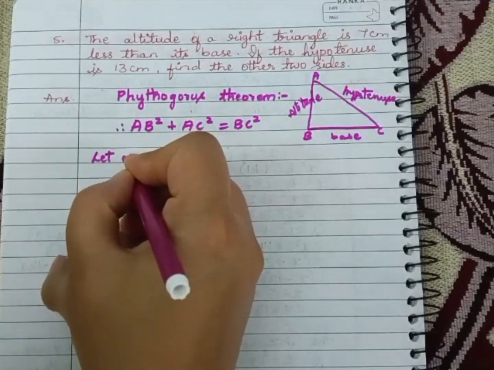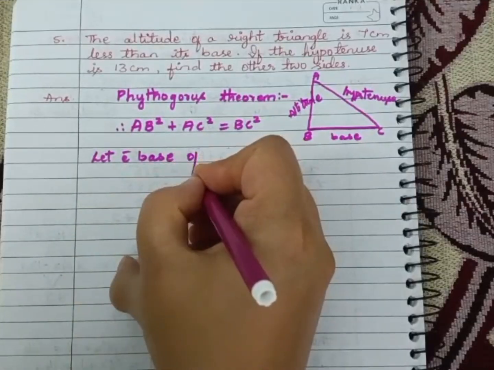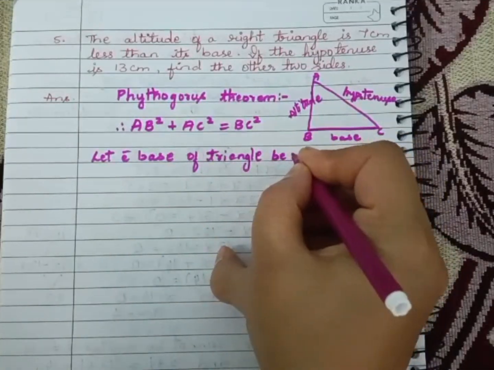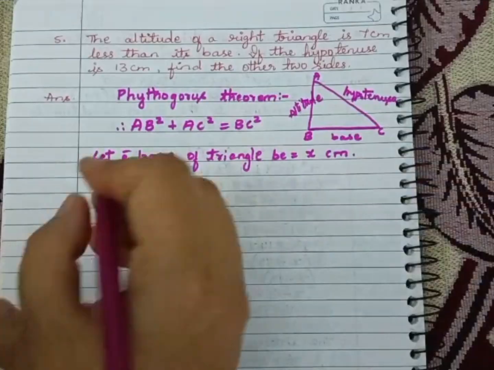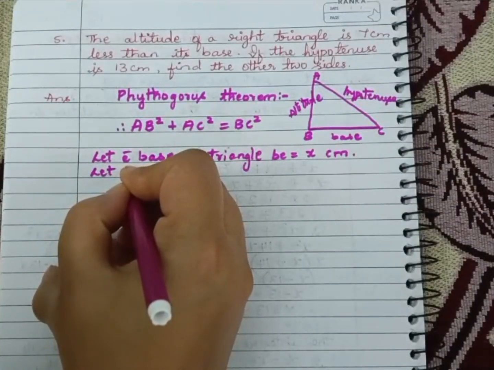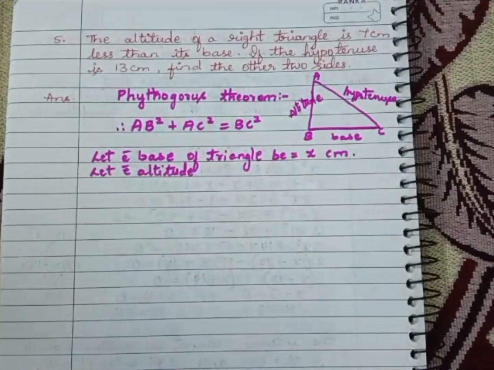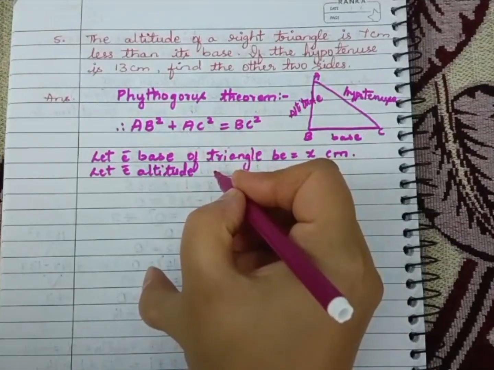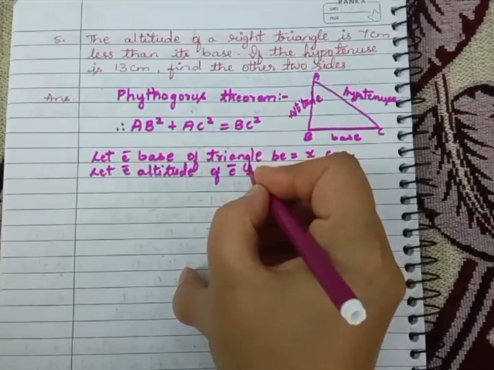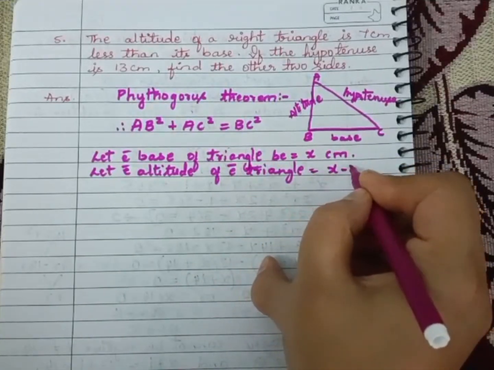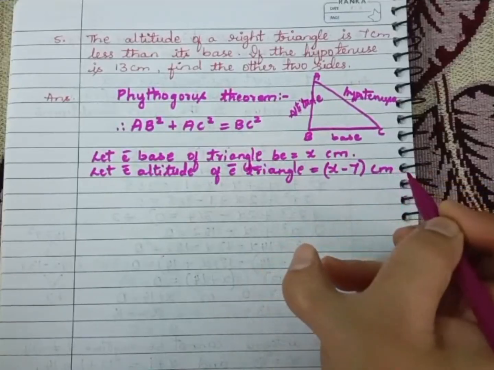Now here, let the base of the triangle be x centimeter, and let the altitude of the triangle be x minus 7 centimeter.